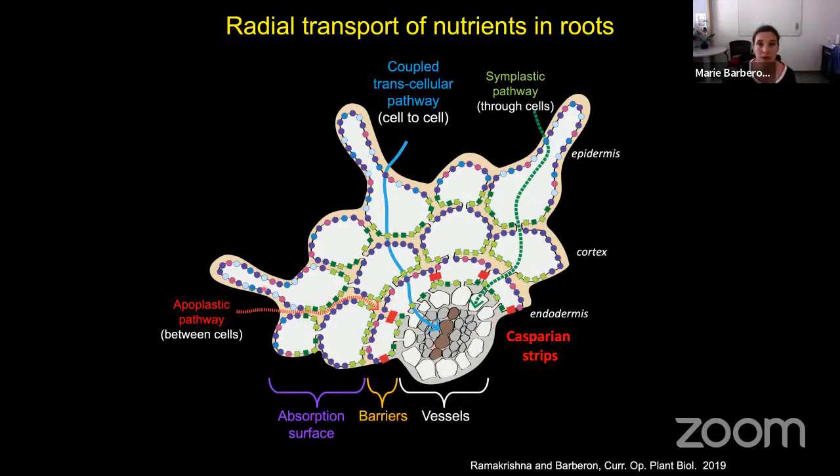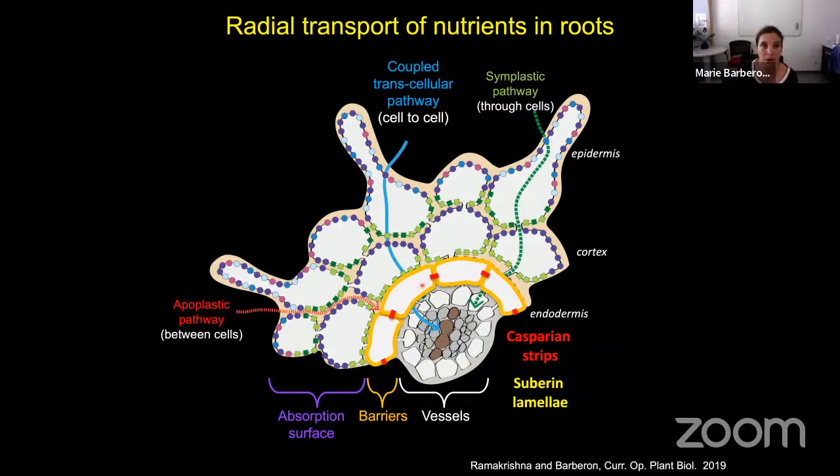And then there is a third pathway that is often forgotten, but actually the best characterized so far, the coupled transcellular pathway, where nutrients can be transported through influx and efflux carriers that are polarized along root cell layers, allowing cell-to-cell transport. This pathway is also affected by barriers in the endodermis, principally by Suberin lamellae that can be deposited in the endodermis.